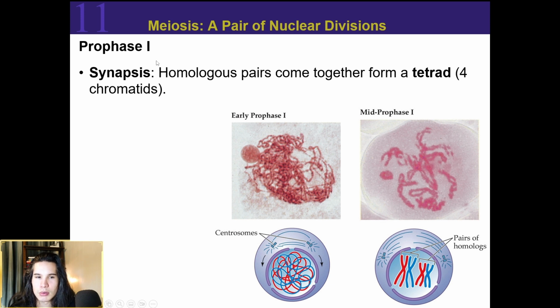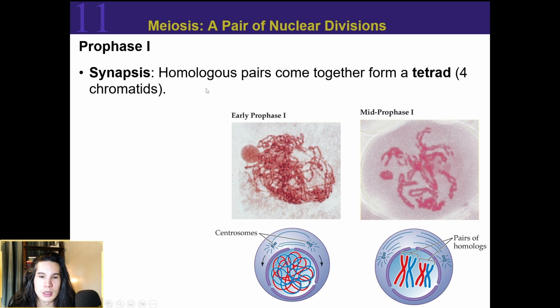A lot like prophase of mitosis, your nuclear envelope is going to dissolve and your chromosomes are going to condense. What makes this a little bit different from prophase of mitosis is that during prophase 1 of meiosis, you get this process called synapsis.